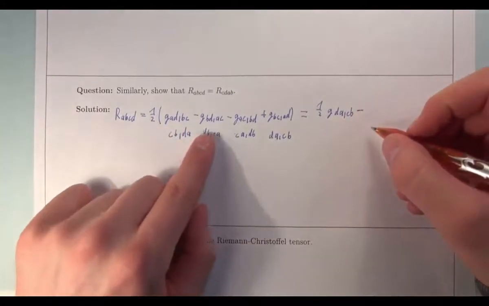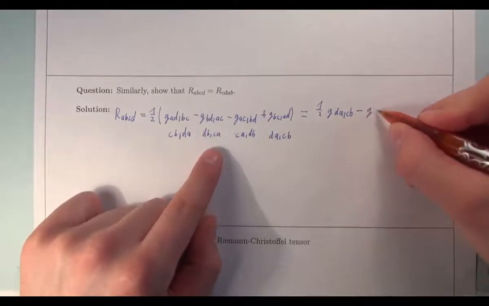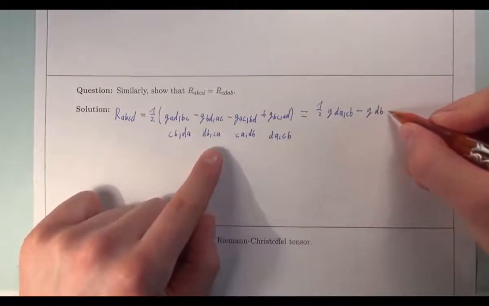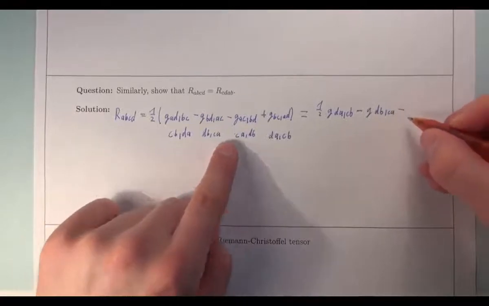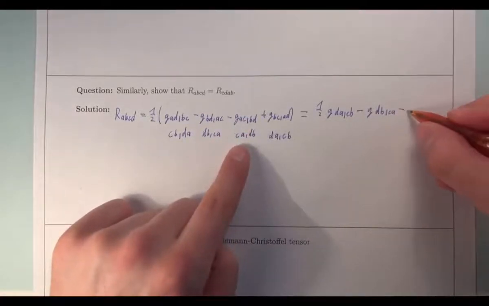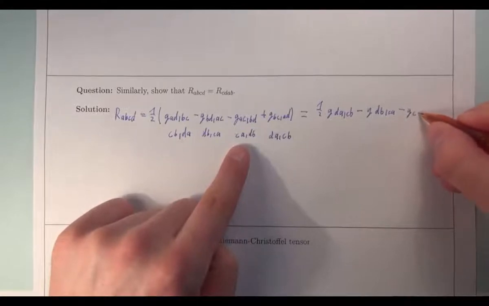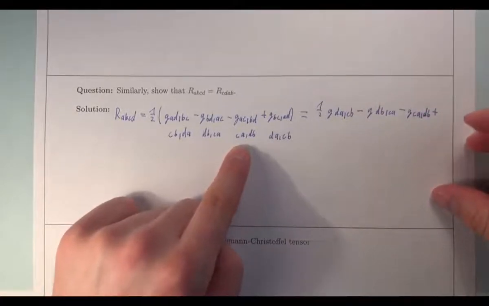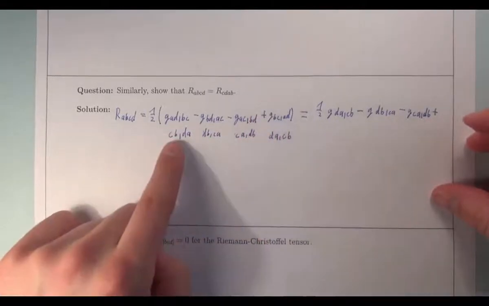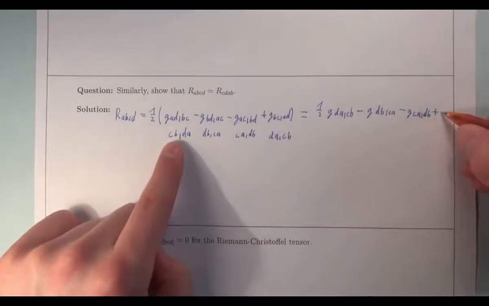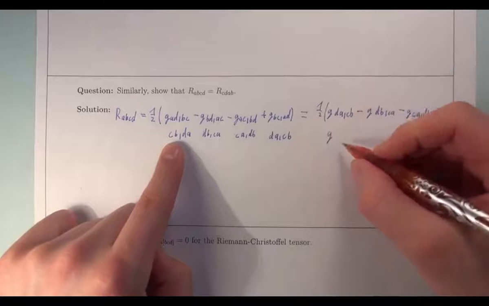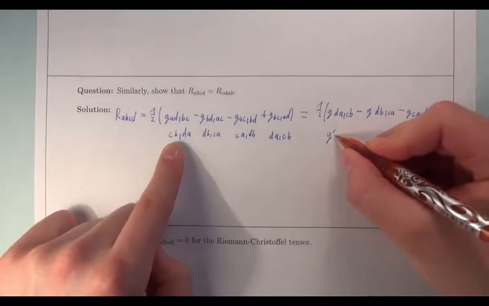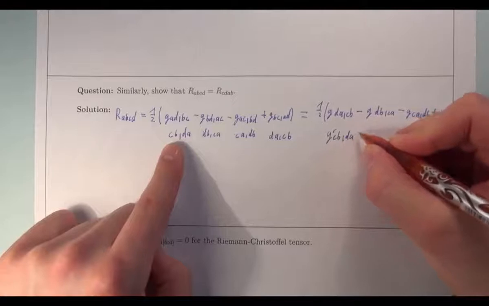Minus, here again just the Schwarz rule, G_DB,CA, and the symmetry of the metric, C,A,D,B, plus, and the last term, I forgot about this guy here, which goes with this guy, and the same sign, plus, I write it down here, G_CB,DA.